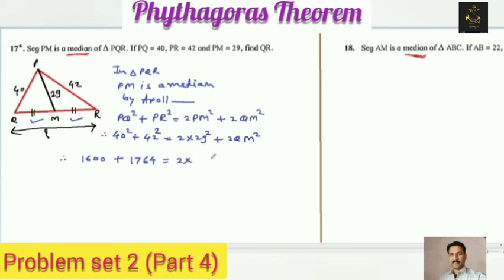Square of 9 is 81, carry 8. 2 nines are 18, 18 plus 8 is 26, and so on. This is 841 plus 2 QM square.